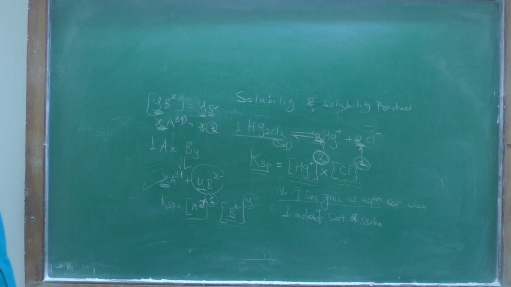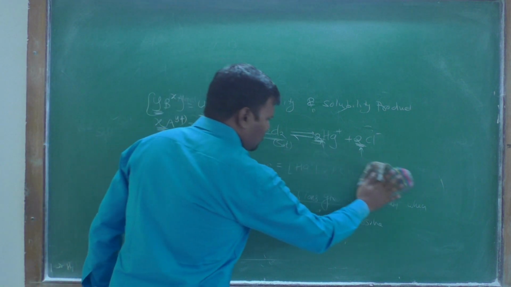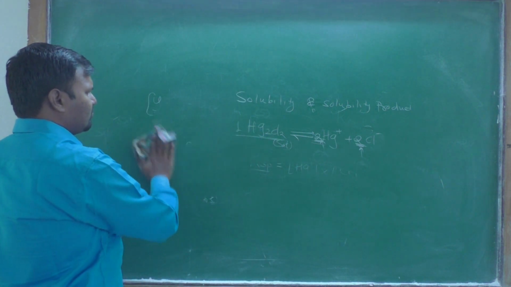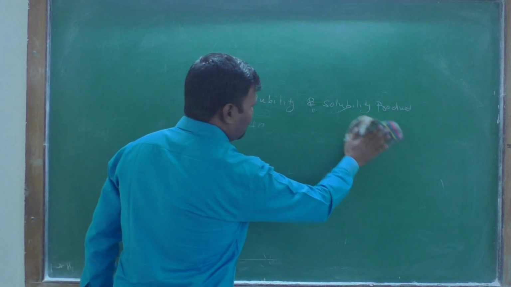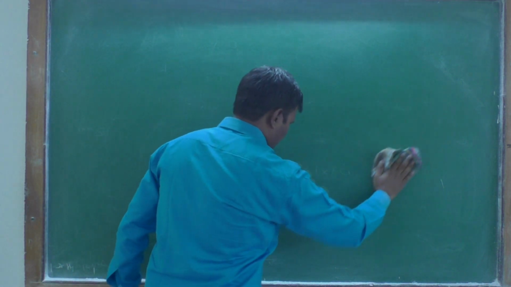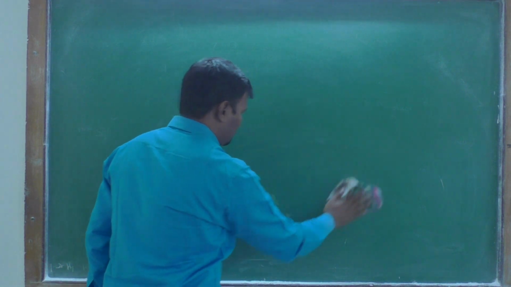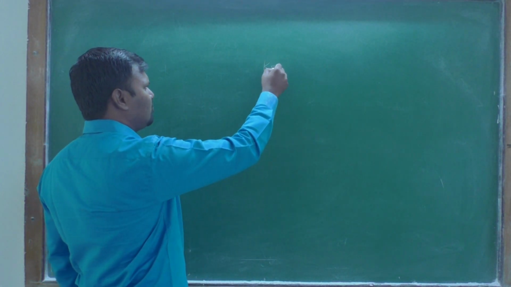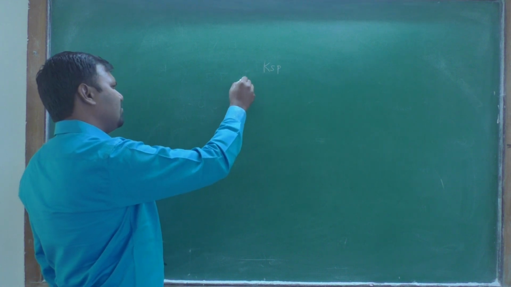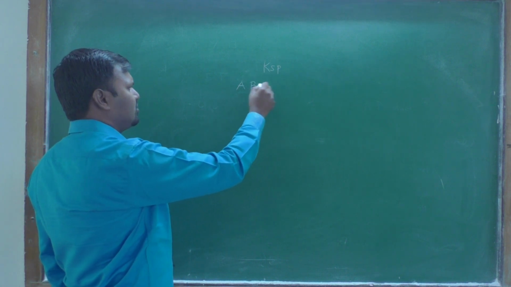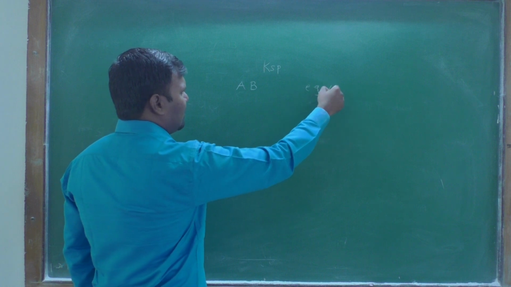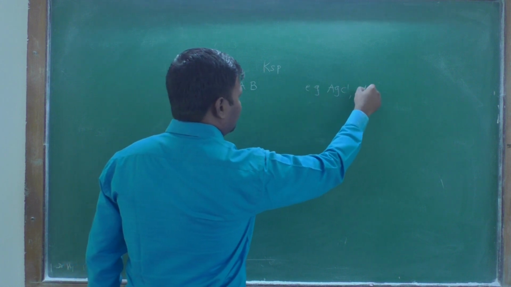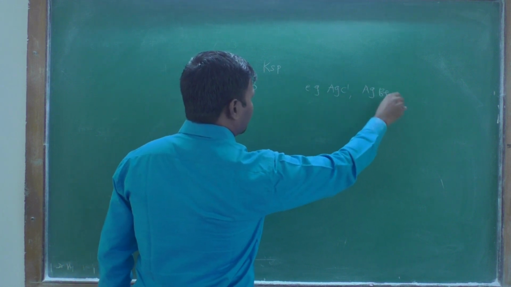Now we have some examples of some types of salts, and we have to find out their solubility product value, Ksp value. Suppose we have an AB type of salt, like AgCl or AgBr.